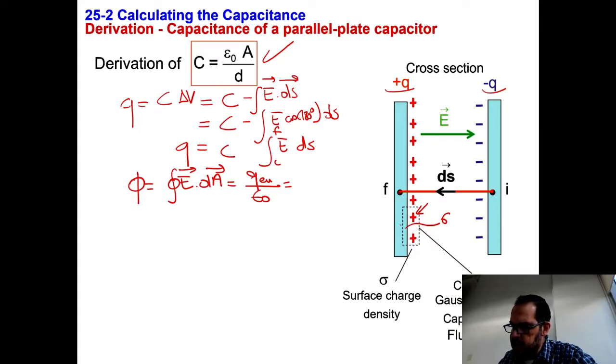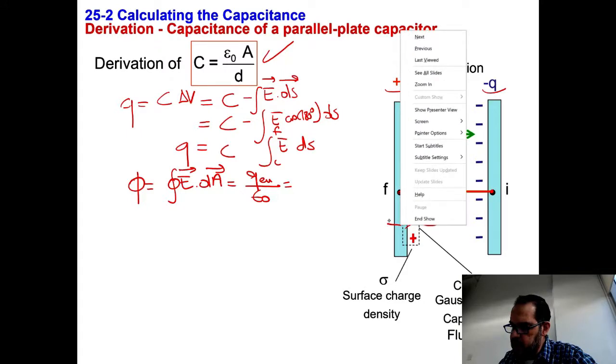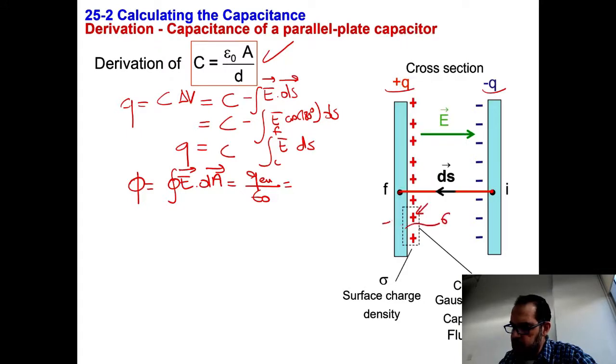Notice that inside the conductor here there is no electric field, so the electric field on this plate is 0. On this side surface, the electric field is perpendicular to the area vector, so the flux here is 0.